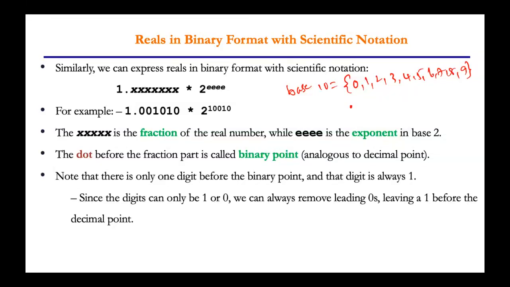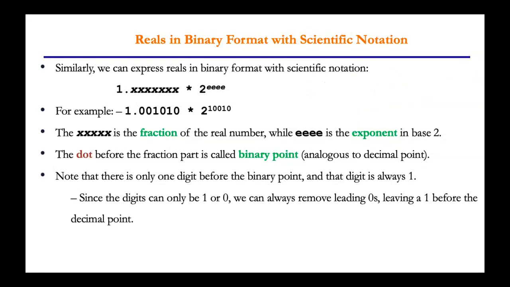So before the dot, only one digit should be there, and that digit should not be 0. It may be 1, it may be 2, it may be 3. So only one digit will be there, and the remaining part is converted into a fraction. When it is converted into a fraction, it is multiplied by its positions, based on how many positions the dot is moved.